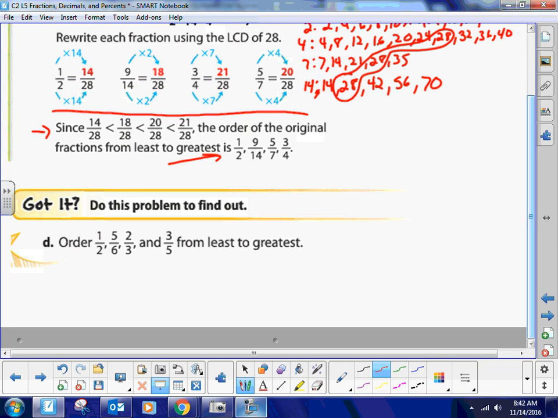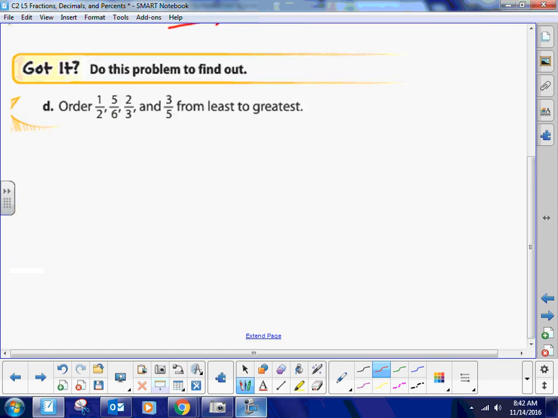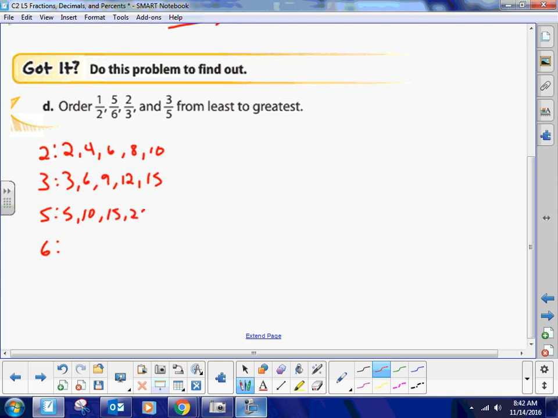Okay, the way that I would do it, again, least common denominator here, right? You need to find the least common denominator between 2, 3, 5, and 6. Okay, so I'm going to go ahead and 2, 4, 6, 8, 10, 3, 6, 9, 12, 15, 5, 10, 15, 20, 25, and then we got 6, 12, 18, 24, and 30.